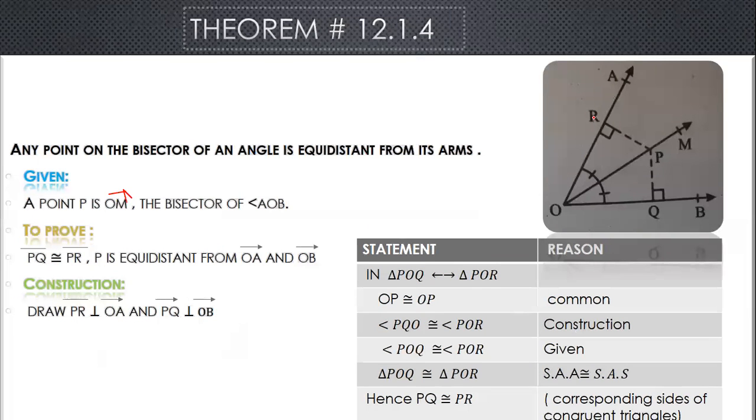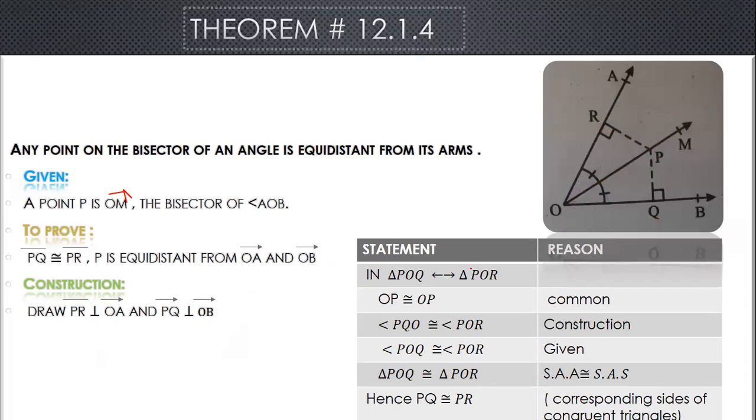In the construction, we draw two perpendiculars, PQ on OB and PR on OA. Now you see again we have two triangles, OPQ and OPR.